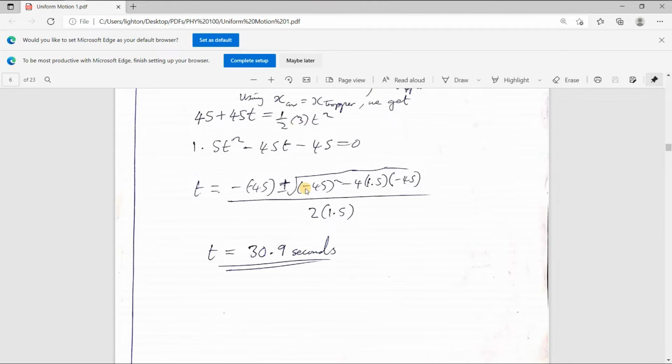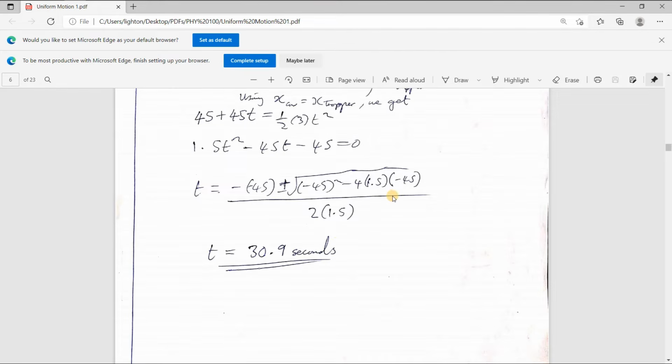Now this expression is a quadratic equation which you can solve using the quadratic formula, which we all know. So using the quadratic formula, we just say negative minus 45 plus or minus square root of minus 45 squared minus 4 times 1.5 times negative 45 over 2 times 1.5. This is just the quadratic formula which is known by everyone. Let me just read it out.